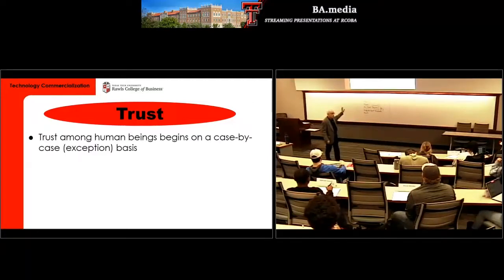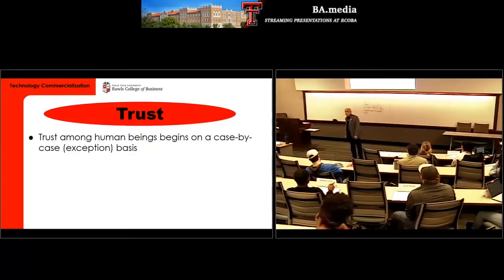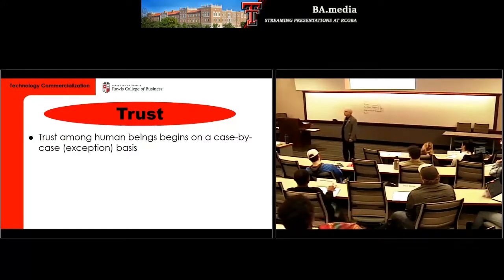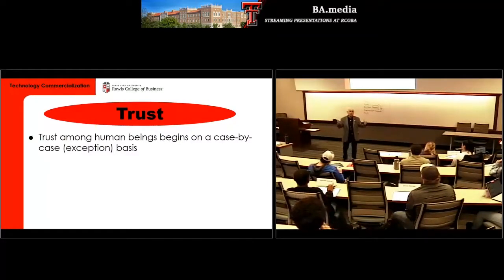So trust among human beings really begins on a case-by-case basis. Frankly, if I sent you all an email and said, hi, technology commercialization, we're going to meet at the bus depot in Lubbock at 12 o'clock on Friday, well, you'd go, oh, what? But Texas Tech, STEM MBA, well, suddenly you see, you're already trusting that Texas Tech's got this.